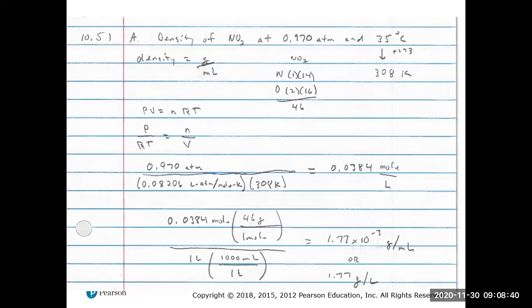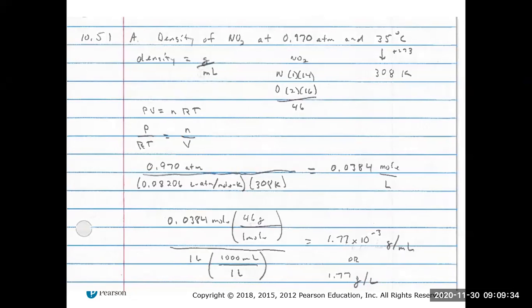If we then go back to PV equals nRT, our ideal gas law, we see that we have a pressure value, we have a temperature value, we have a gas constant, and then we know that if we rearrange this so that we have moles divided by volume equal to pressure divided by the gas constant times temperature, that moles per volume is close to density, because we have a way to convert from moles to grams, because we're told it's NO2, so we know what the molar mass of that is.